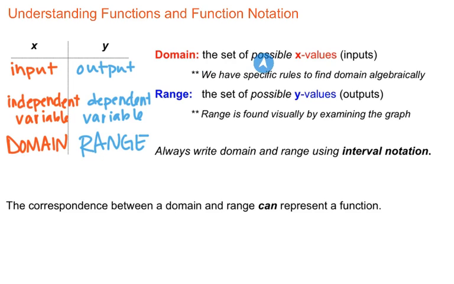So x, the set of all possible x values or inputs that you can plug into a function, those represent domain. And the set of all the outputs or the y values that you would get out, those represent the range. Now, we have rules, and we'll talk about these in the future, but we have rules for finding domain. When we go to find range, we generally need to look at the graph.